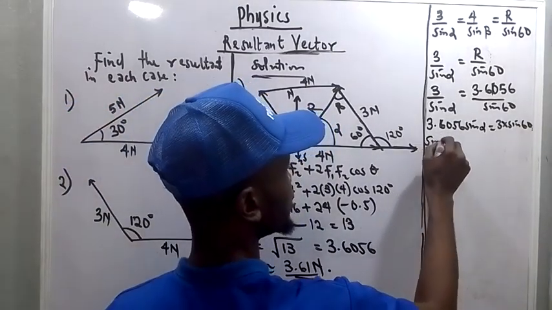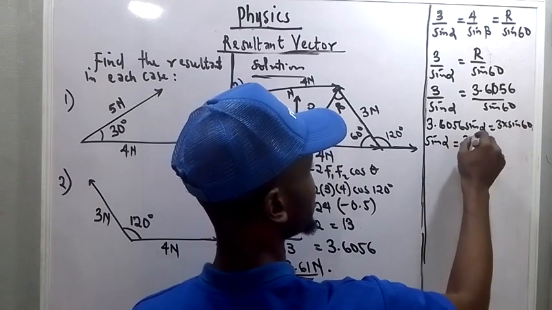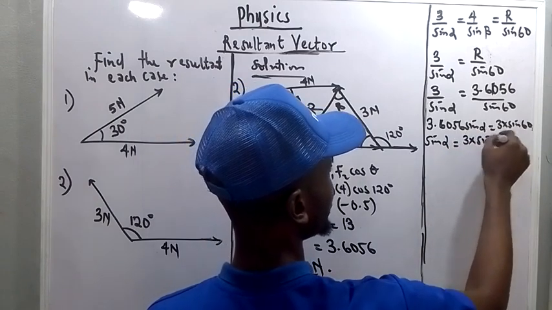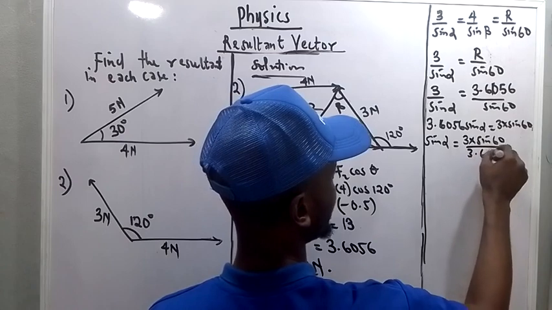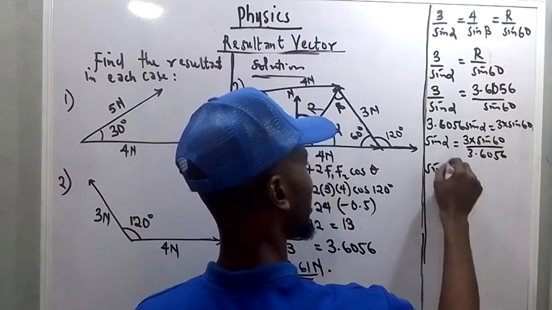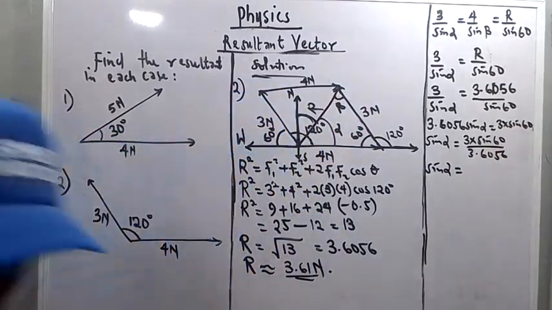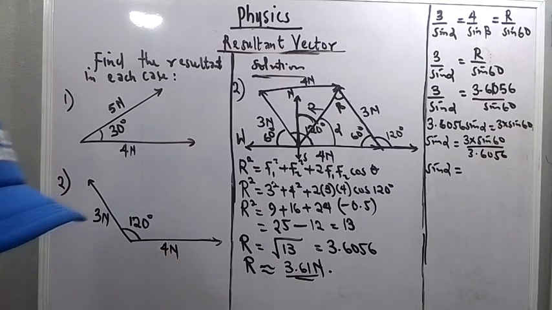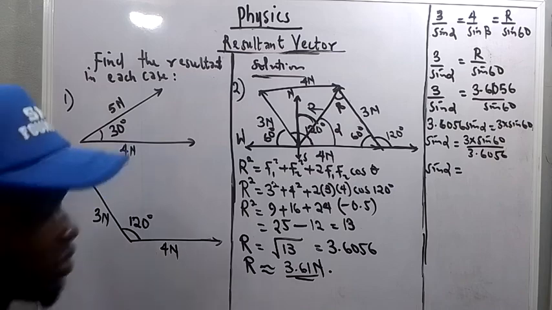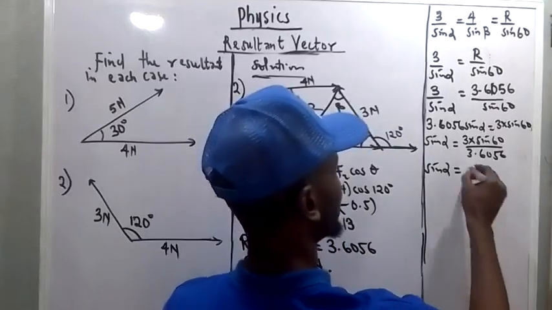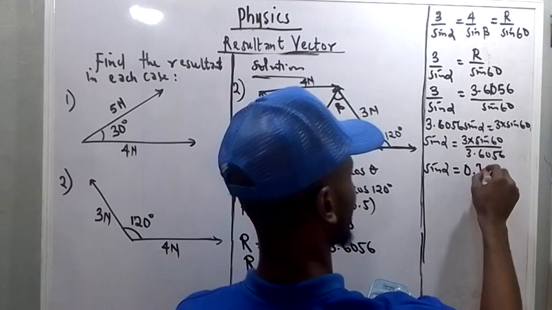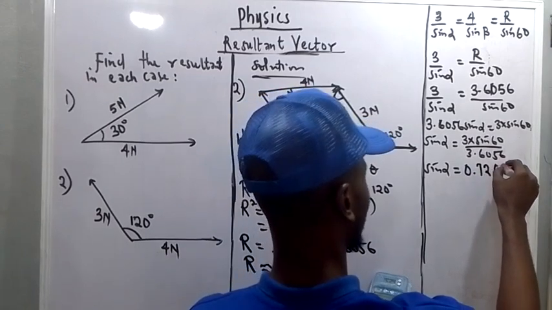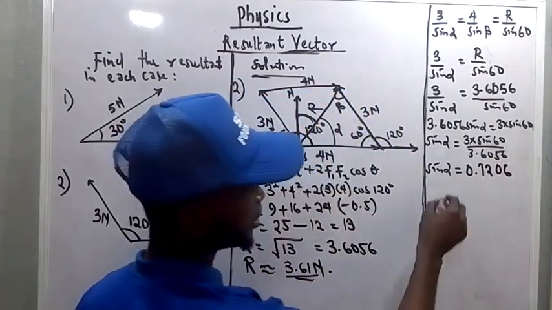So sine alpha will now be equal to 3 times sine 60 all over 3.6056. Let's multiply and divide: 3 times sine 60 divided by 3.6056 is 0.7206.